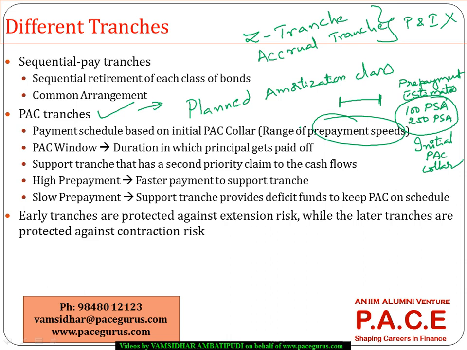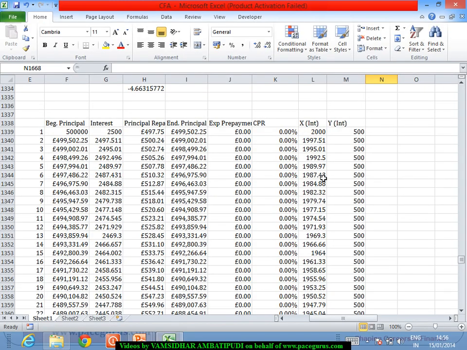Because the minimum of these two is what is going to be received, let me look at some numbers. Let me assume I go with 100 PSA.